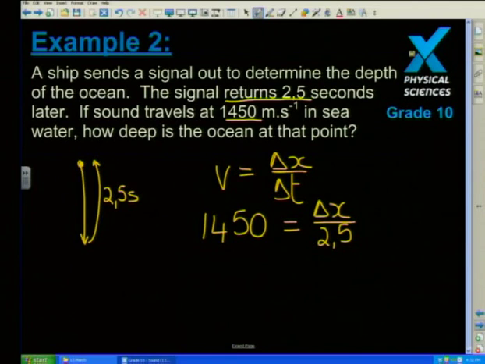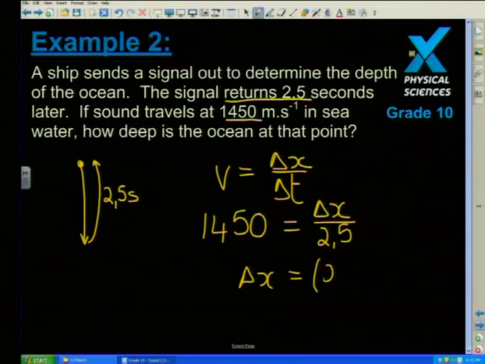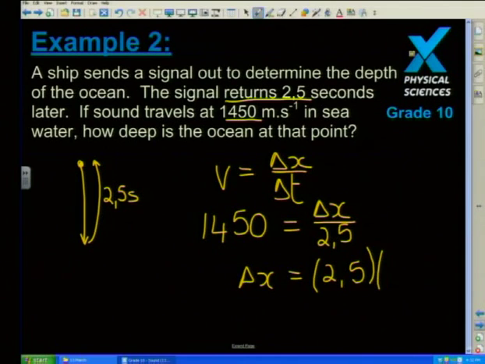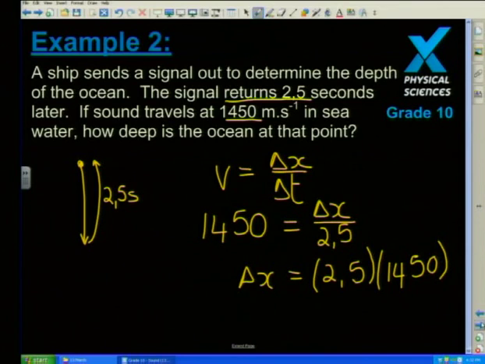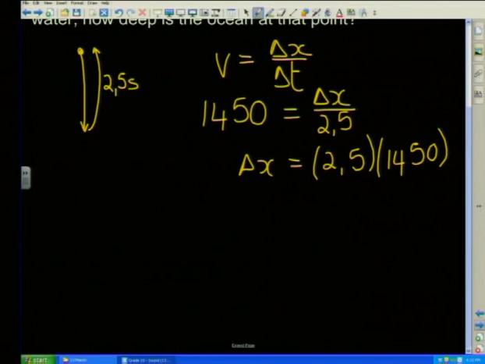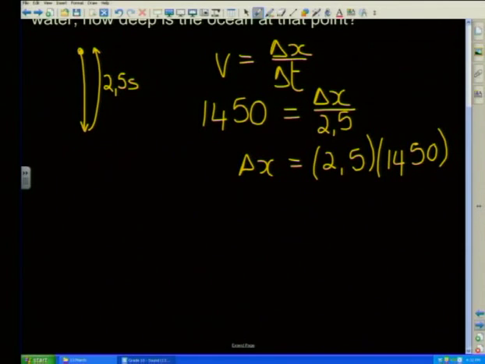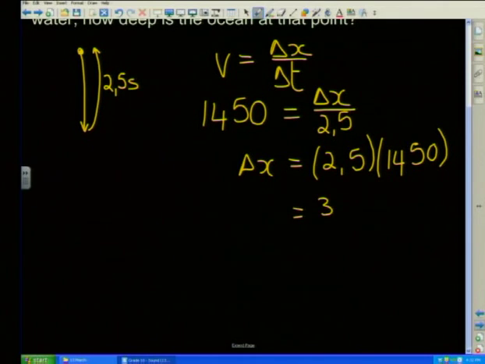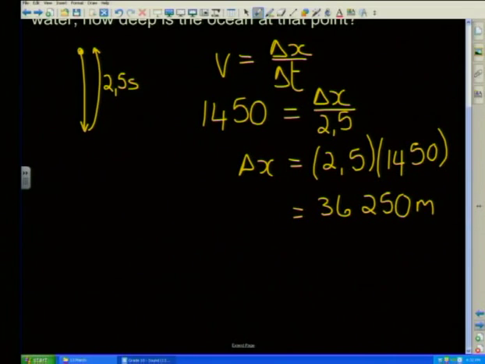So to get x on its own, I'm going to have to multiply both sides by 2.5. And once again, I have actually worked this out beforehand, because I also can't do that in my head. So let me just get my answer quickly. And we get 36,250. But this is the question, grade 10s.